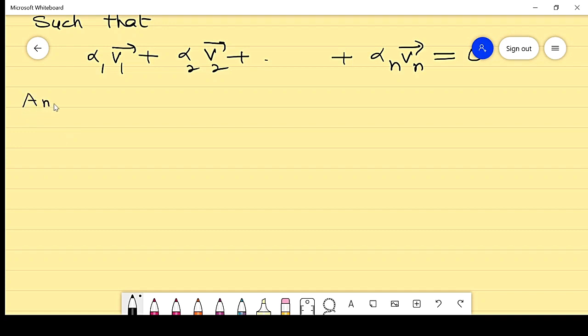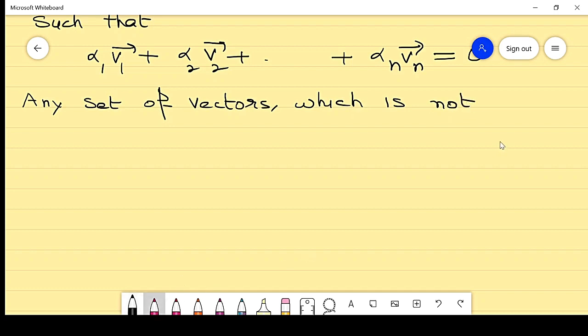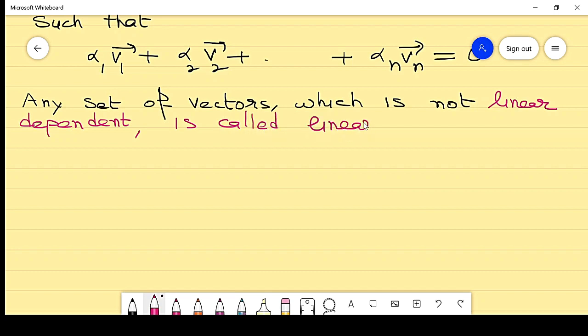So any set of vectors which is not linear dependent is called linear independent vector.